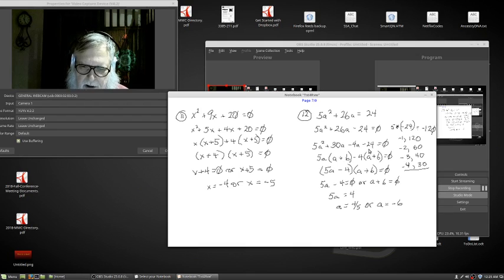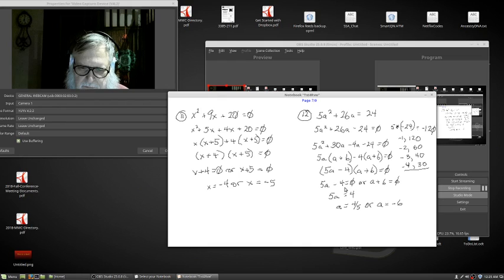Then the second pair, excuse me by the way for that little burp. We factor out a negative 4, and we get negative 4 times a plus 6. We get a plus 6 in both terms. So we factor that out as well. That gives us 5a minus 4 times a plus 6 is 0, which means that either 5a minus 4 is 0 or a plus 6 is 0.